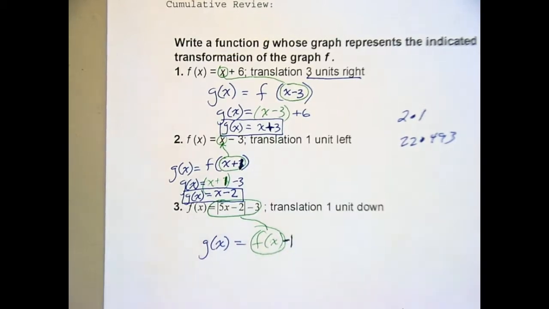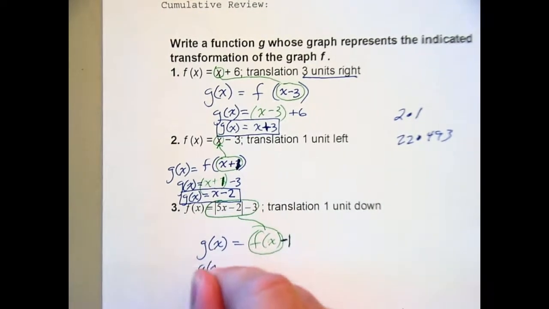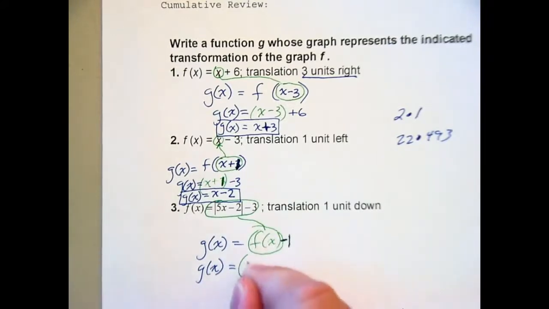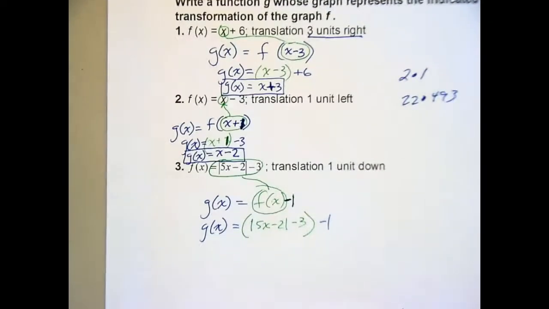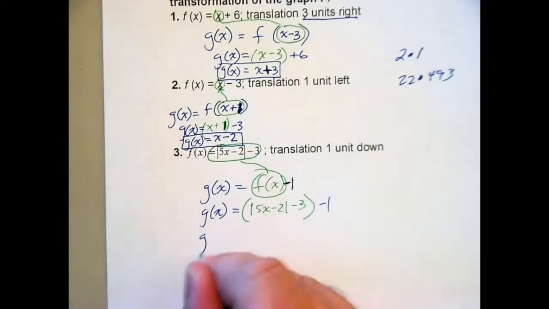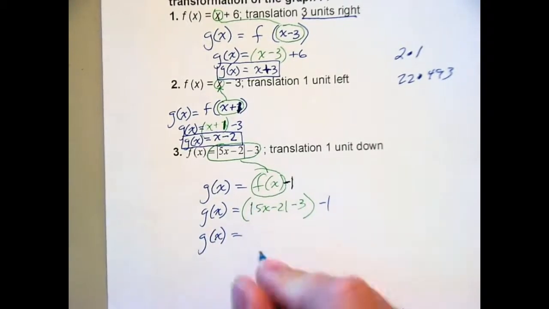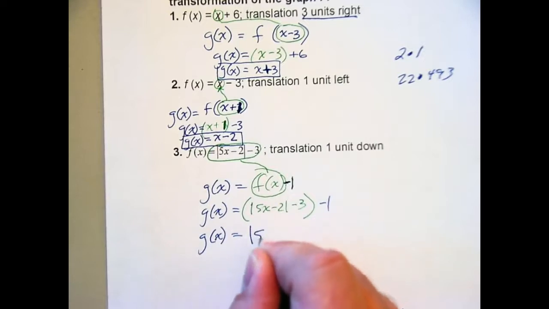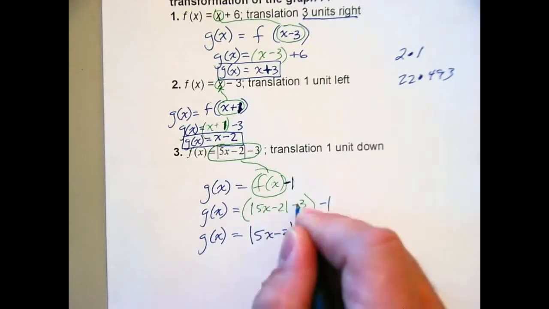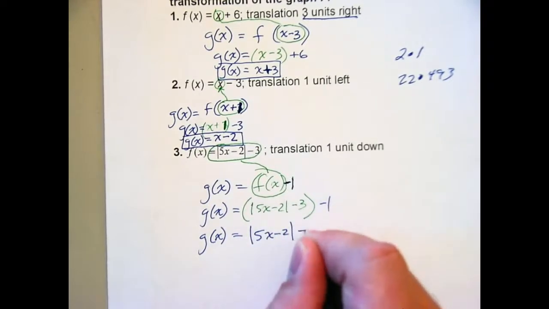Okay, so that gives me g of x is equal to this whole chunk, absolute value of 5x minus 2, all minus 3. And then we have the minus 1. Okay, can't do anything inside those parentheses, or excuse me, you can't bring anything into those parentheses distributive-wise. So we go ahead and take that. We take -3 and -1 to make -4.